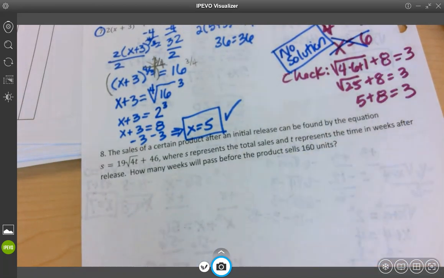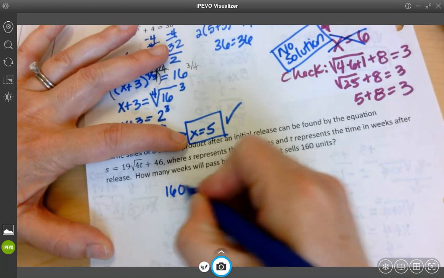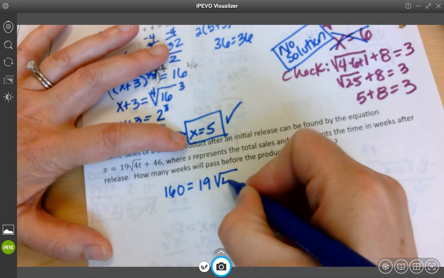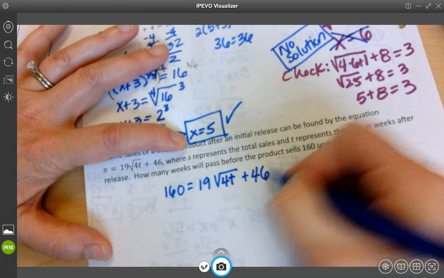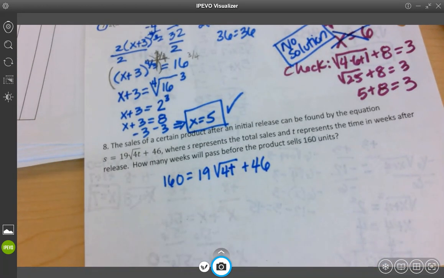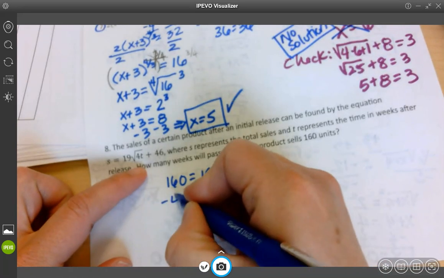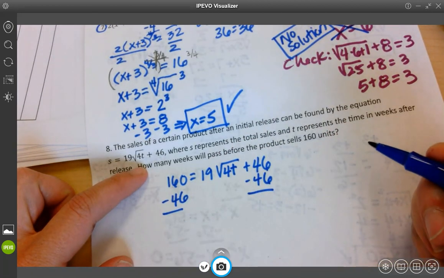So I'm going to put 160 for which variable? Good, for the sales. So 160 equals 19 root 4t plus 46. All right, so I need to isolate the radical. What would be my first step? Subtract that 46. Does that give me 114?